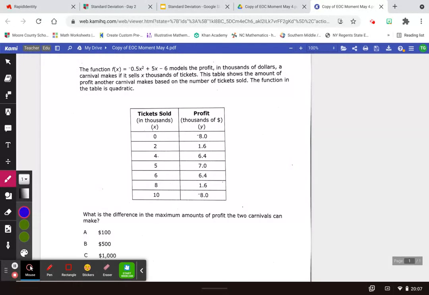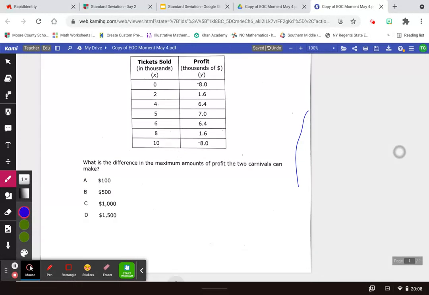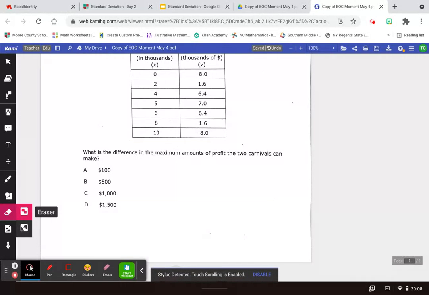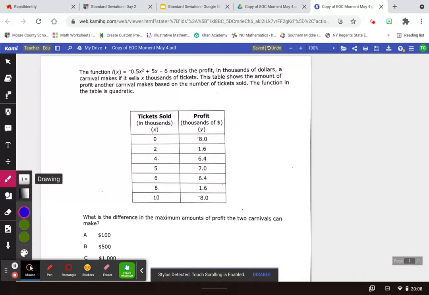The table shows the amount of the profit another carnival makes based on the number of tickets sold. The function in the table is quadratic. Okay? So, if you read, it then says, what is the difference in the maximum amount of profit the two carnivals can make? Okay? So, let's look here at some key words.